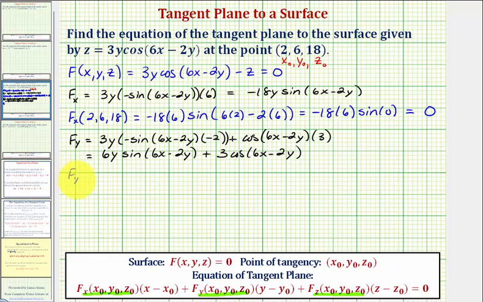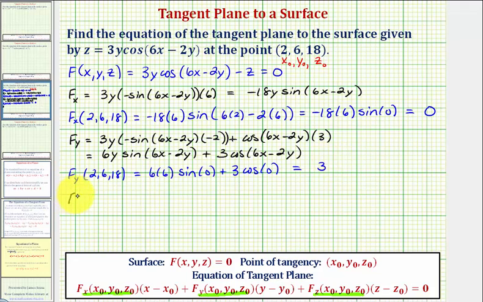So y is 6, so we have 6 times 6 times sine of, well, 6x minus 2y is going to end up being 0 again, because we have 6 times 2 minus 2 times 6. So we have sine 0, and then plus 3 times cosine of, again, 0. So notice how sine 0 is 0. So we have 0 plus 3 times cosine 0. Cosine 0 was 1, so this equals 3.